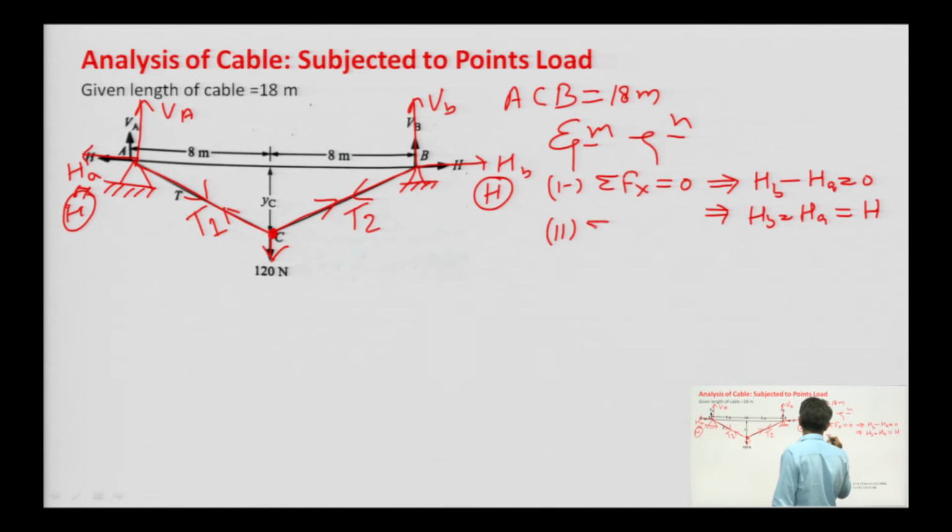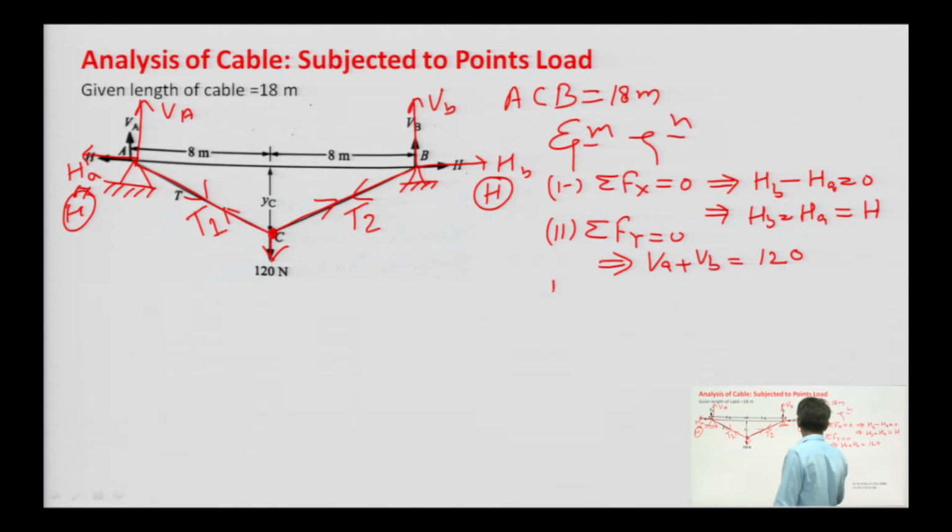Second equilibrium equation, sigma Fy equals to 0. What we will get? We will get VA plus VB is equal to total load. Total load is 120.